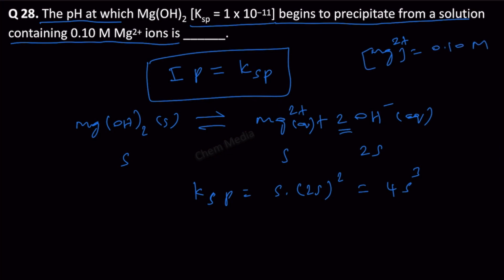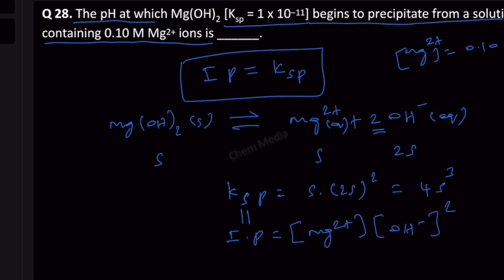It is also given that the concentration of Mg2+ is 0.10 molar. So the ionic product we write this way: ionic product is equal to the concentration of Mg2+ ions times the concentration of OH- square. Because of the assumption that solubility product is equal to ionic product, we can write 1 times 10 to the power minus 11 is equal to 0.1 molar times [OH-] square.